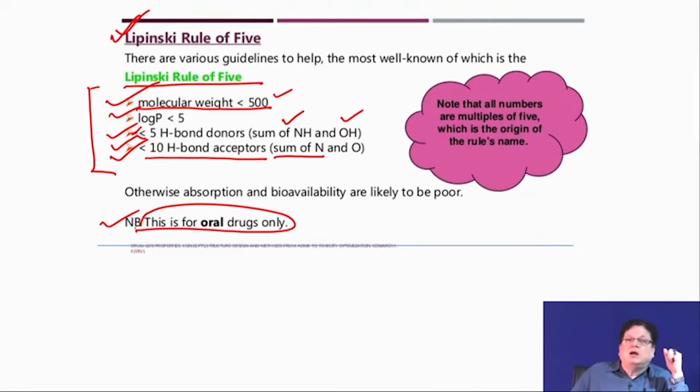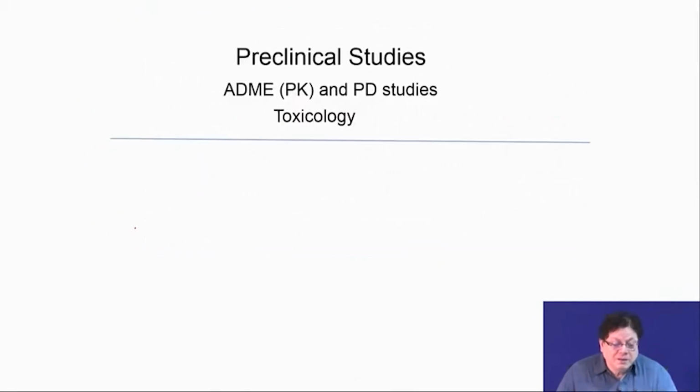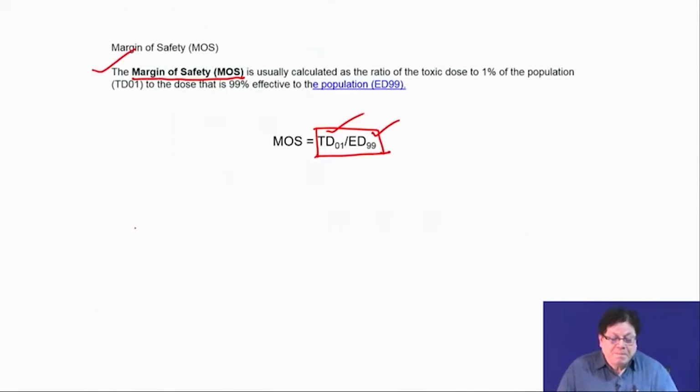A majority of the drugs we have are orally taken. The life saving drugs, many of those are usually given intravenously because of their poor bioavailability and absorption. Now, let us go into some of these.